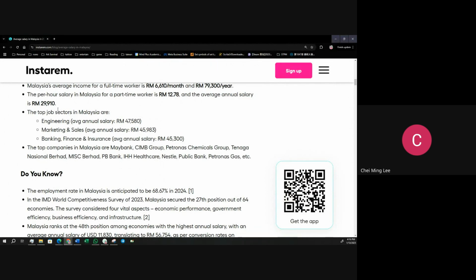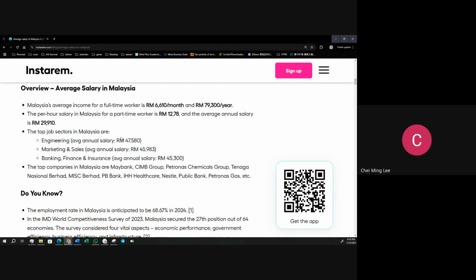For engineering, the top job is actually engineering. This is for newcomers. The fresh grad is around 47,000 annually. 47,000 is around 2,400 per month. Okay, 2,400 per month. Not really that high.